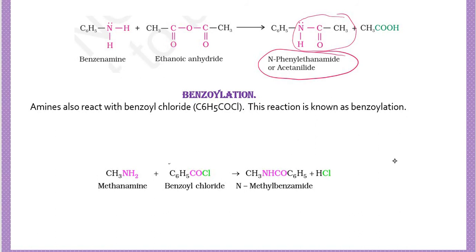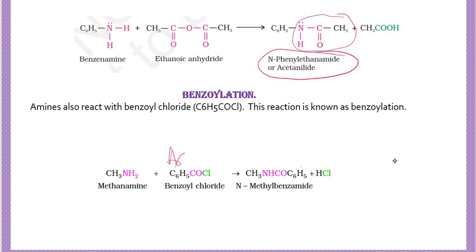And if this RCOCl is not R, it is Ar, then rather than calling it acylation, we call it benzoylation. Why? Because we are putting a benzene group. Here you can see they all were ethanamide, propanamide, pentanamide, but here it is benzamide.